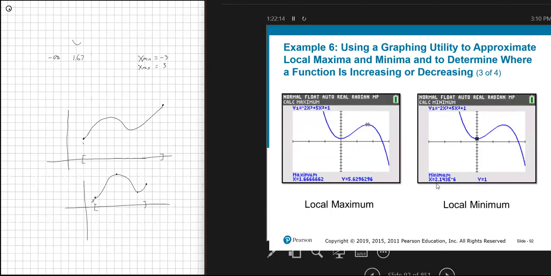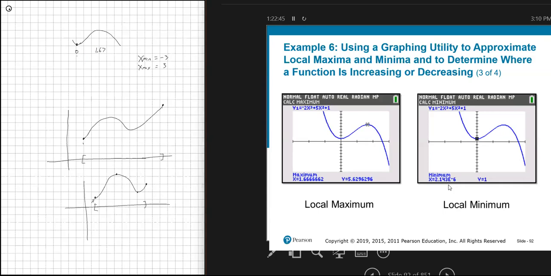Because we get a point here, because of the graphing in a graphing calculator, you're using discrete numbers to approximate the graph of continuous numbers. So the minimum here is at 0, and the maximum over here is at 1.67.